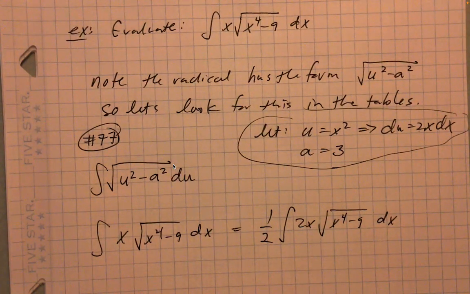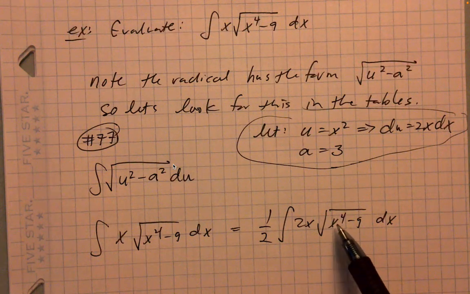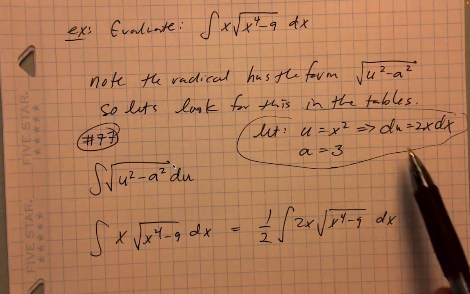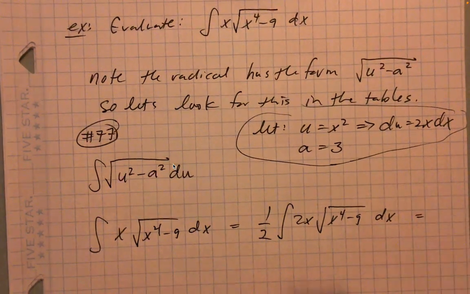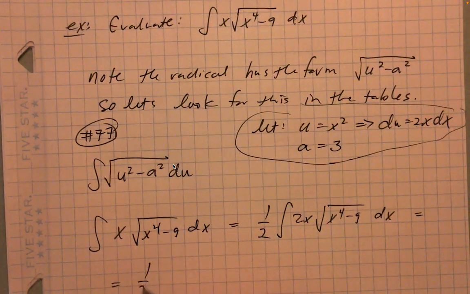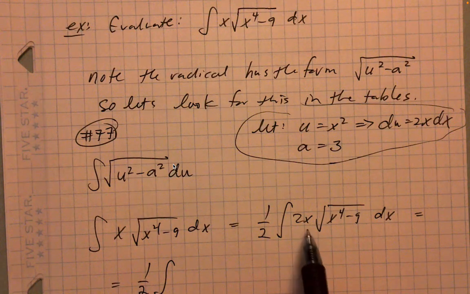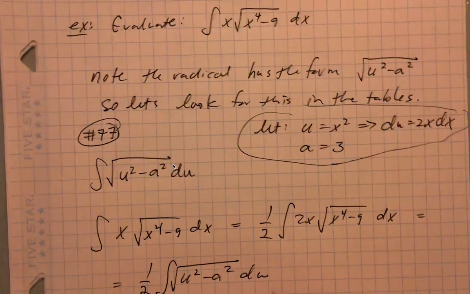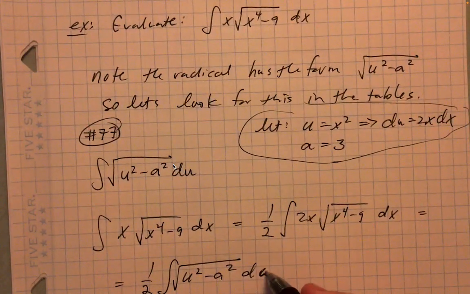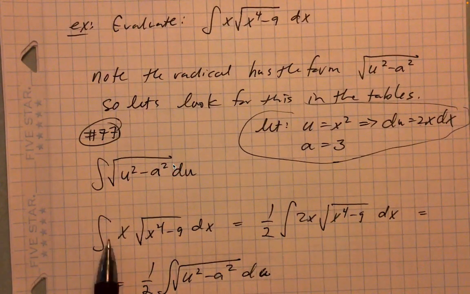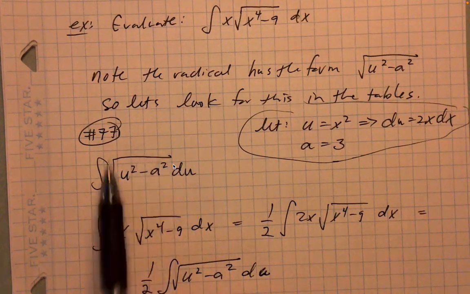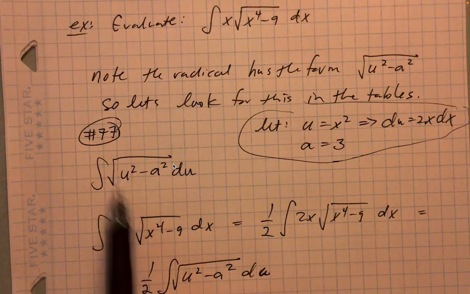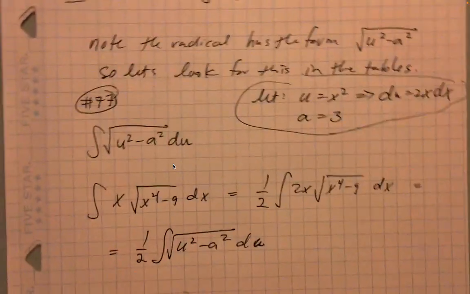Here's our u squared minus a squared piece, and the 2x dx is our du. So we can plug everything in here. This would be 1/2 times the integral of the square root of u squared minus a squared du. And so we can use the form from the table, but just with a 1/2 in front.